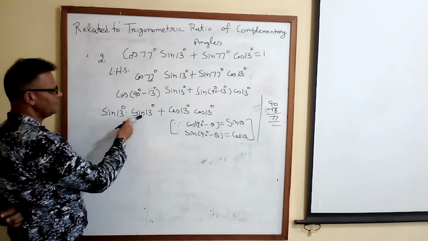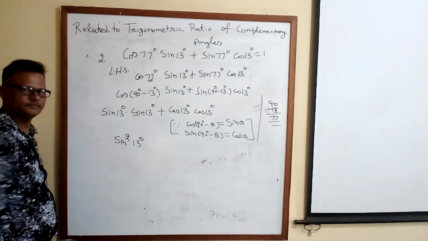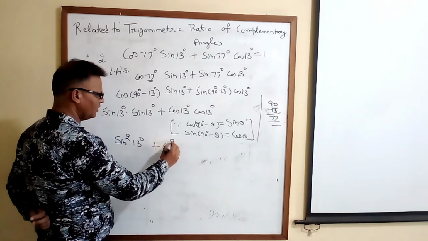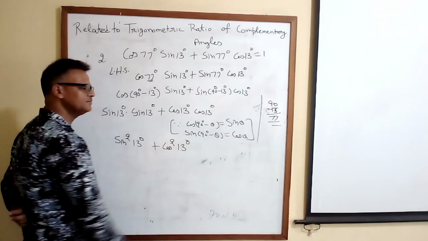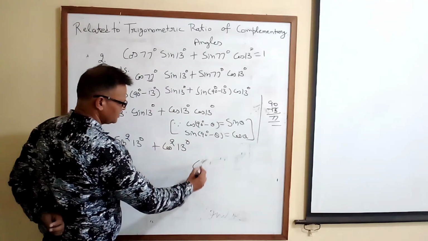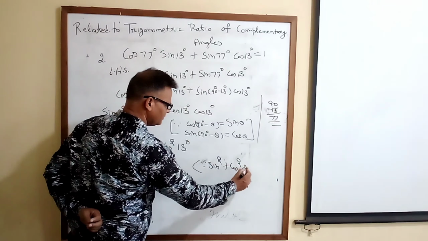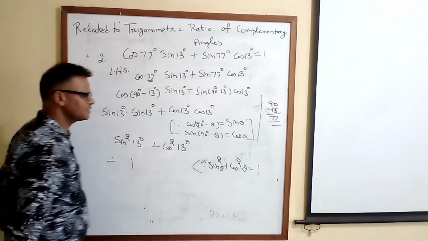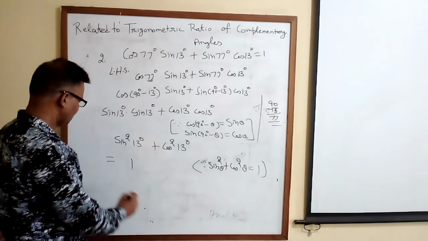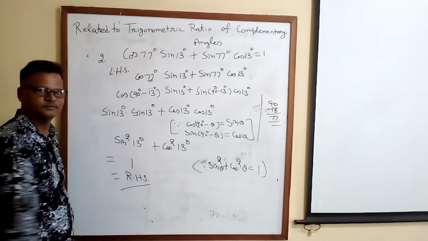Now sin theta into sin theta becomes sin square 13 degree, plus cos theta into cos theta becomes cos square 13 degree. So we get 1, because sin square theta plus cos square theta is equal to 1. So we get the right hand side.